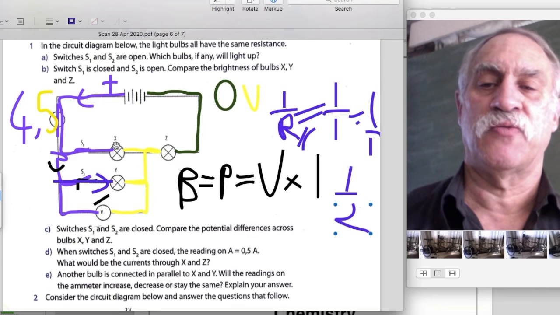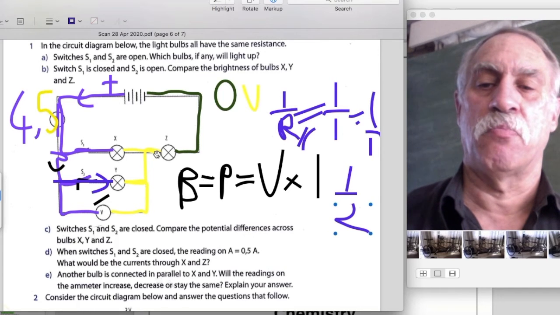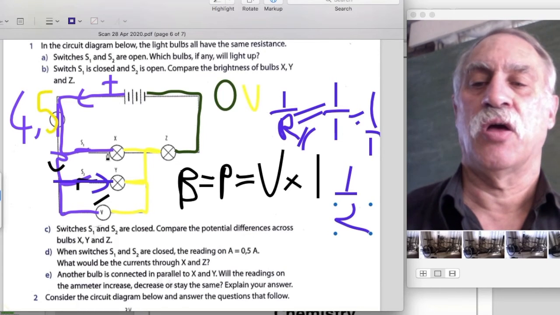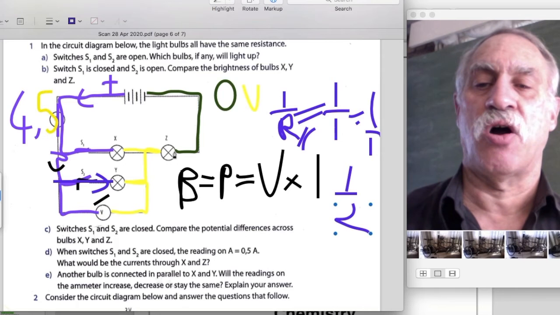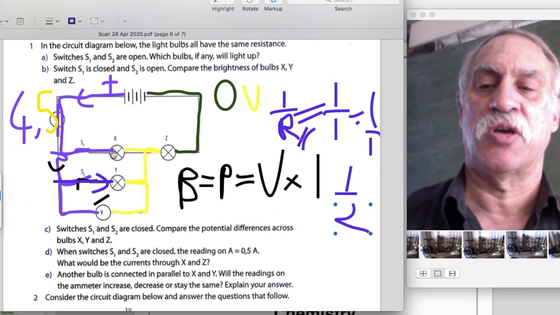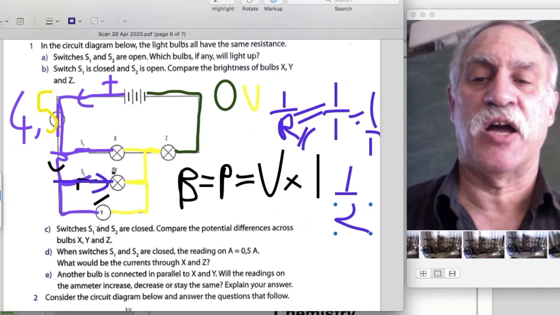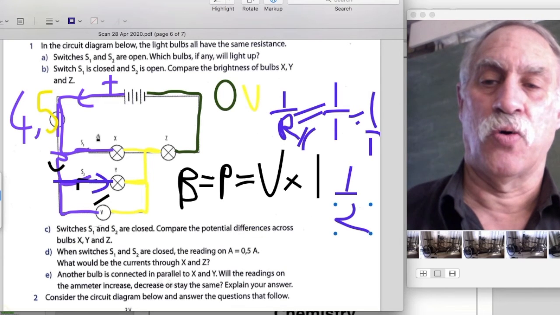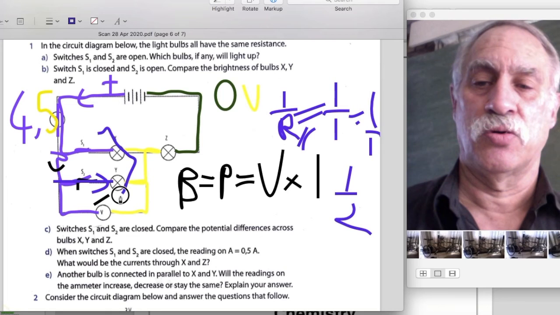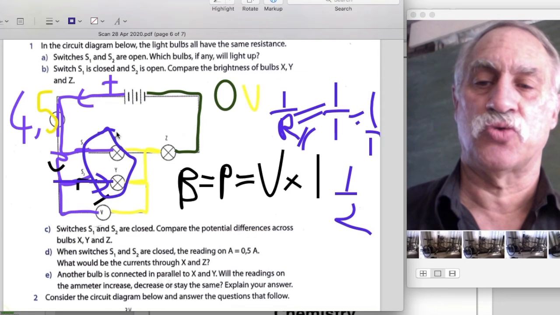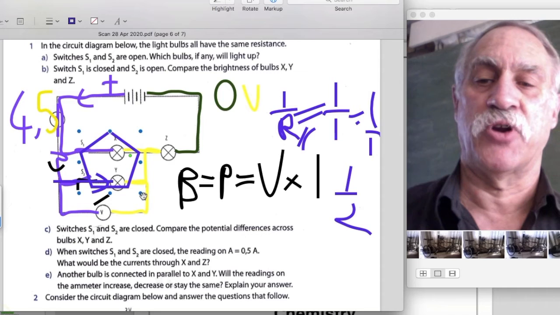So where's the voltage going to drop? It's going to drop mostly across here, and half of what it drops across here, it'll drop across there, because this is half the resistance. Resistors in series are voltage dividers. You could consider those two as just one equivalent resistor of half an ohm.